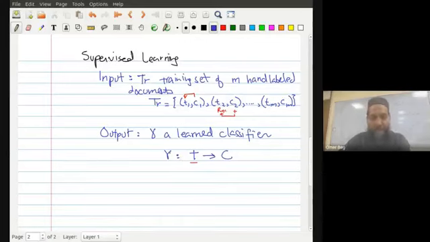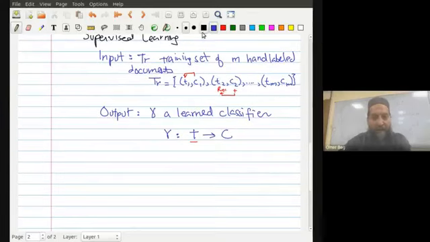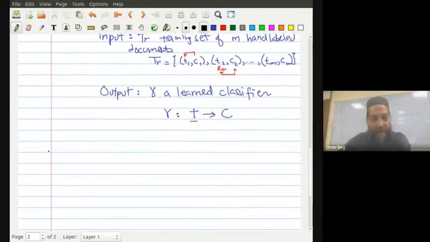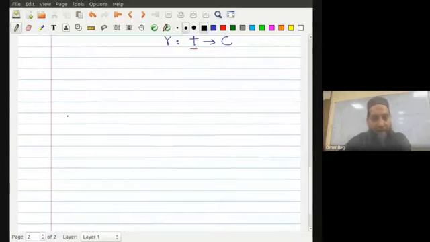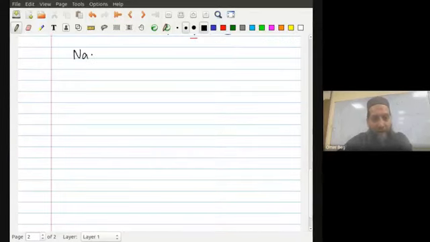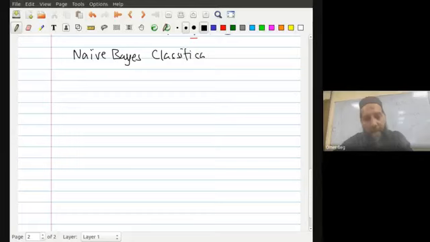So today we'll be looking at a simple classifier based on the naive Bayes equation. We'll be looking at the naive Bayes classifier, because it's based on the Bayes equation that we looked at the last time for the language model.